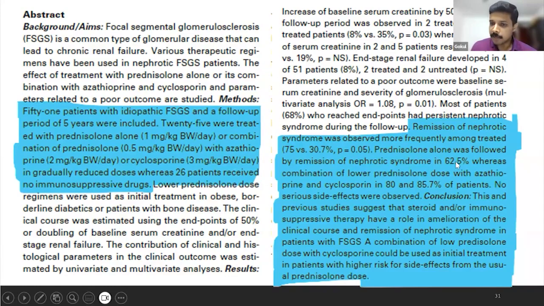Remission with prednisolone was found in 62%, whereas the combination of prednisolone with aza gave 80% remission of nephrotic syndrome, and prednisolone with cyclosporine brought about remission in 85% of the patients. So this study suggested that steroid and immunosuppressive agents have a role in amelioration of the clinical course and remission of nephrotic syndrome in FSGS.